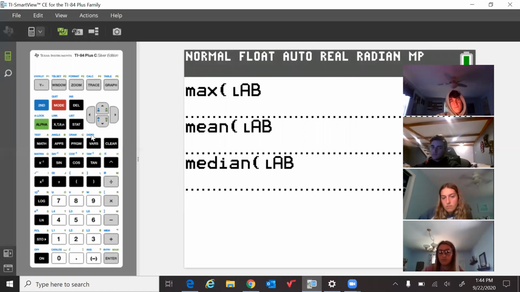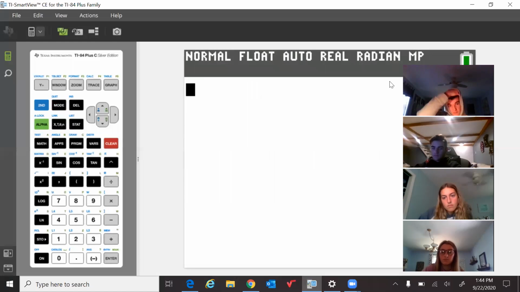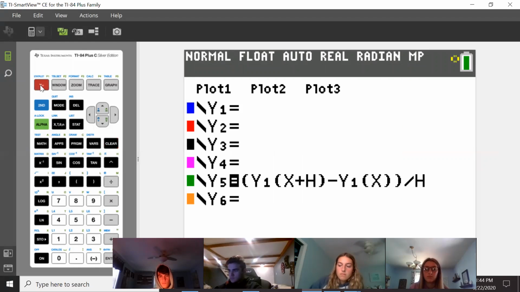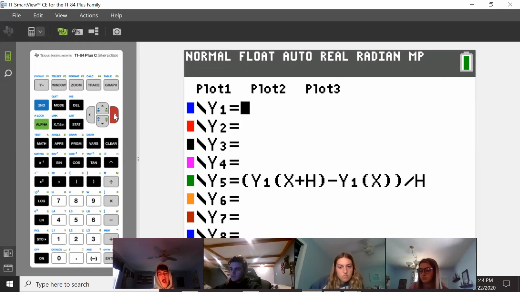You're not going to graph this, just look up here. I go to y equals. And I'm going to draw the picture that's in the margin on page 60. On page 60, you have sine x divided by x.